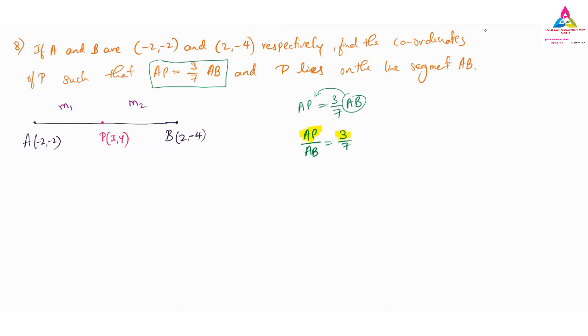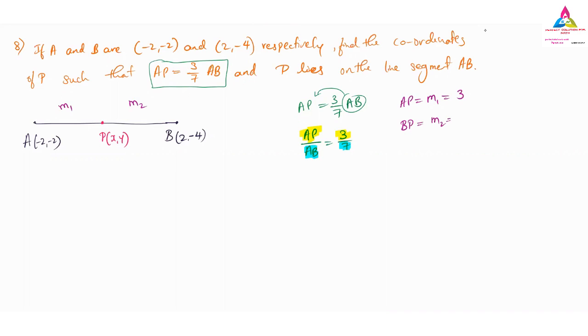M2 value is nothing but BP. Remember here, AP is nothing but M1, that value is already given as 3. But actually we have to find the BP value, that is our M2 value. They have not given BP for us, they have given AB for us, that is equal to 7.